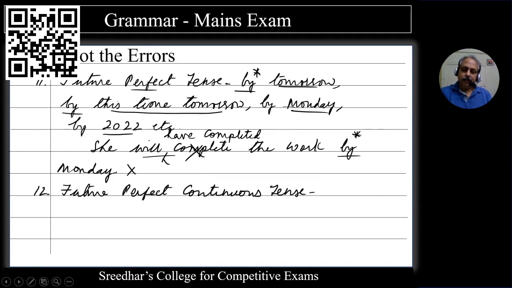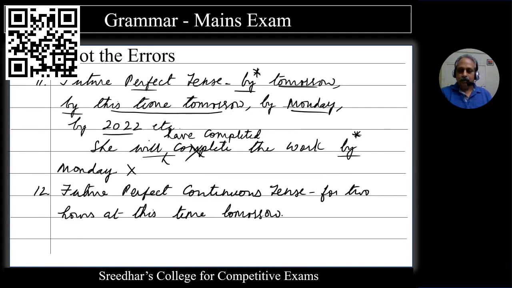What are the time phrases? Future perfect continuous tense. For 2 hours, at this time tomorrow, for 3 months, in 2022.